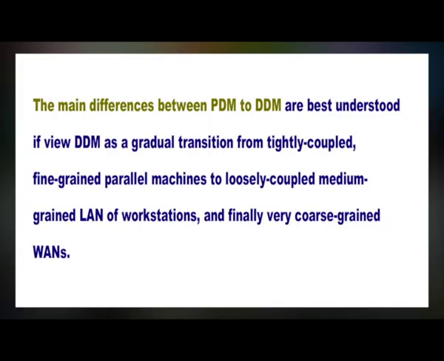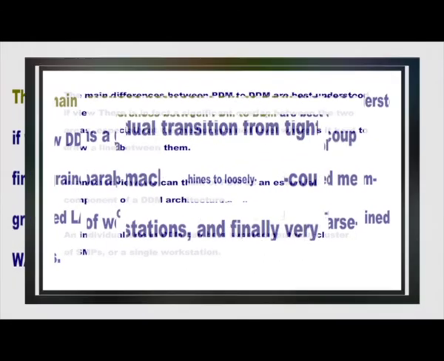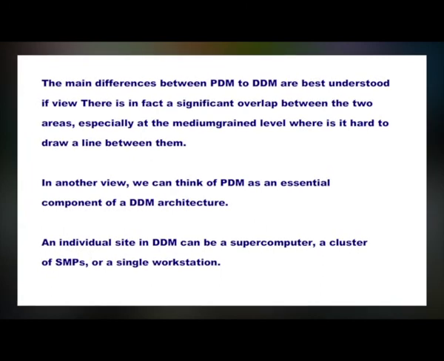The main differences between PDM and DDM are best understood if we view DDM as a gradual transition from tightly coupled, fine-grained parallel machines to loosely coupled, medium-grained LANs of workstations, and finally a very coarse-grained WAN. There is in fact a significant overlap between the two areas, especially at the medium-grained level, where it is hard to draw a line between them.